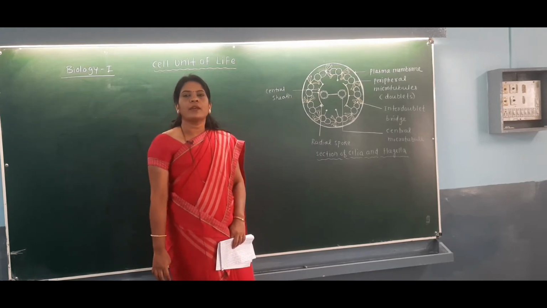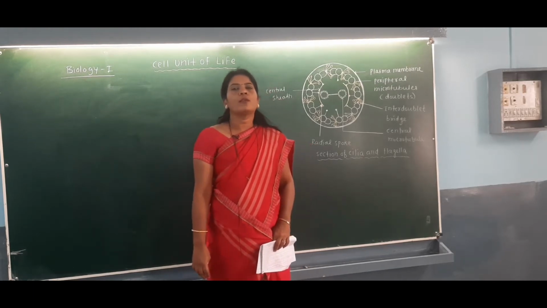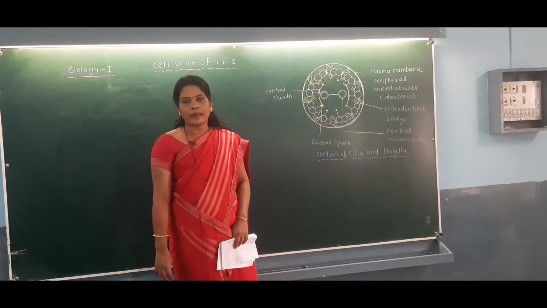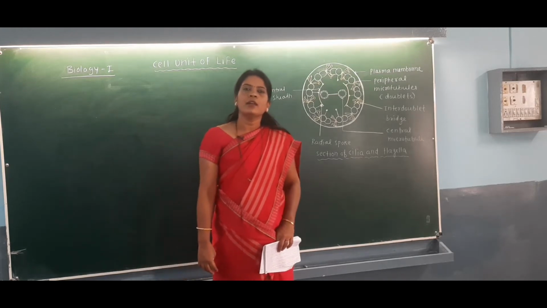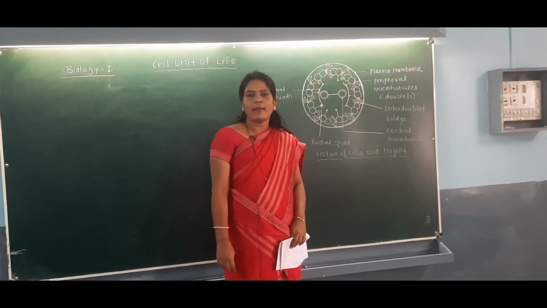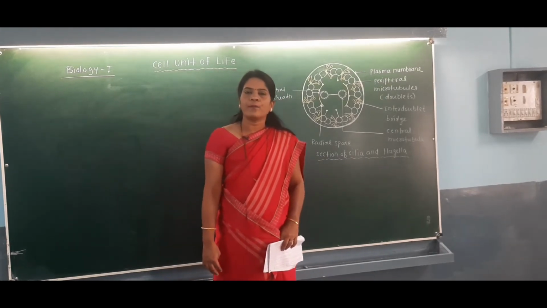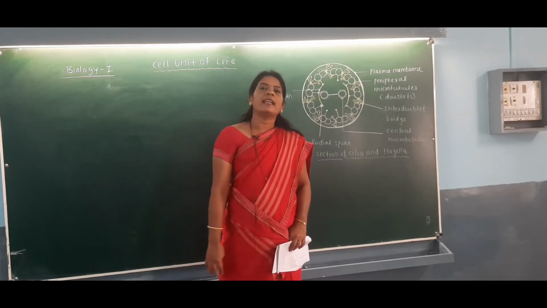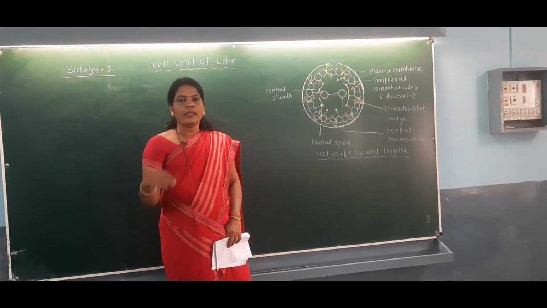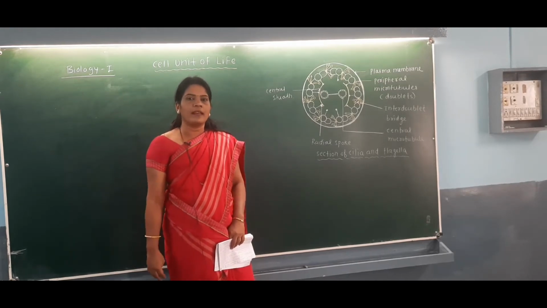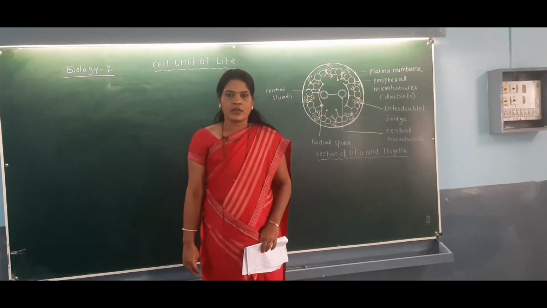In the plastid we have seen that there are three types of plastids: leucoplast, chromoplast and chloroplast. The last part, the chloroplast, we have seen with the help of a diagram, and in that we have seen what is meant by thylakoid, what is meant by granum, where the light and dark reactions occur in the chloroplast, and how the outer and inner membranes are both present, which is why it is called a double membrane structure.